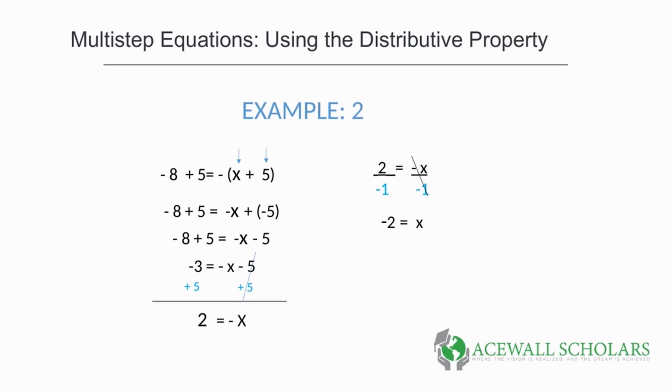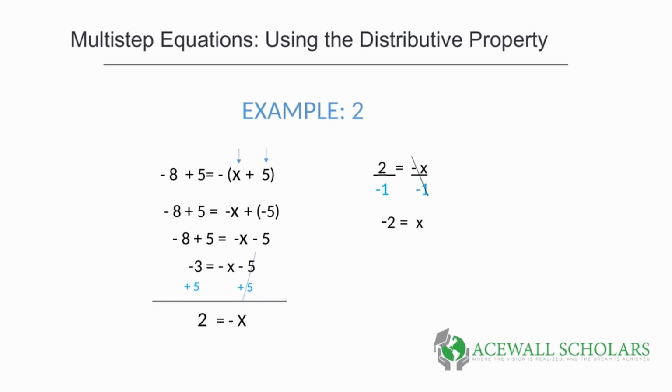All right, from here, we can simplify the left side of the equation by adding the two constants together. Our constants are -8 and plus 5. When we add those together, we get a -3. So now we have -3 equals -x minus 5. Now it's time to isolate our variable, which means to get it by itself. So we're going to add 5 to both sides of the equation. Our 5's cancel out, and now we have 2 equals -x.